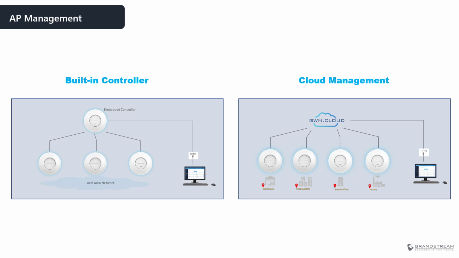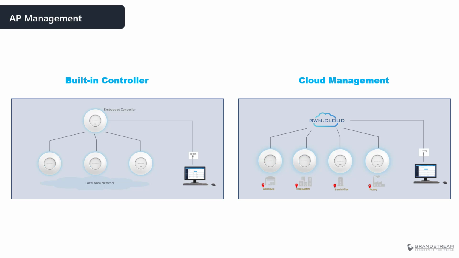In case you have more than 50 access points, but you still want to manage them locally, Grandstream offers a free software called the GWN Manager that you can install on a Linux machine. And this one allows you to manage up to 3,000 access points in the same local area network.